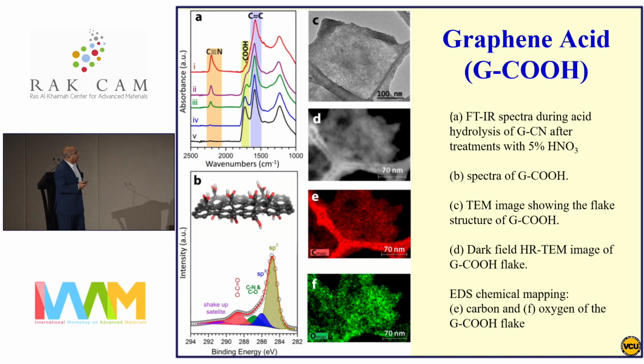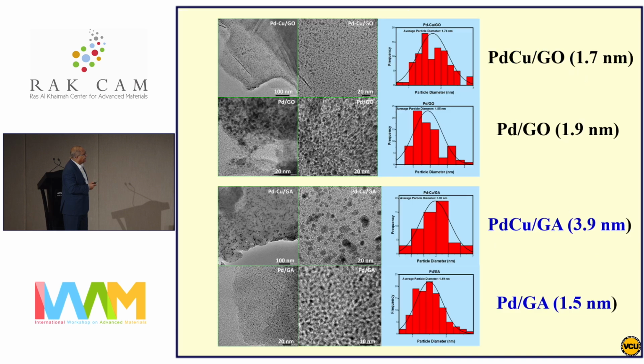So now we wanted to see if replacing the OH or increasing the carboxylic groups will have a significant effect on the catalysis, with respect to graphene oxide and graphene acid.